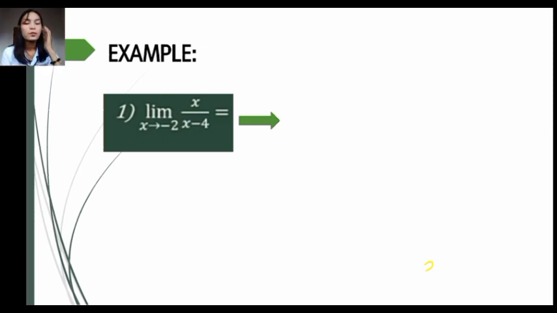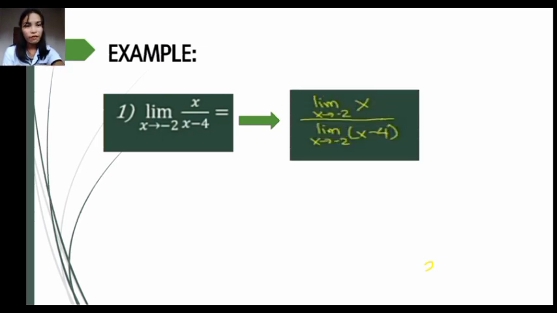After knowing that, we can proceed to using the quotient rule and break down our function. We first get the limit of our numerator, the limit of x as x approaches negative 2, over the limit of x minus 4 as x approaches negative 2. Just like our previous example, notice that we can't get the limit of the denominator directly.